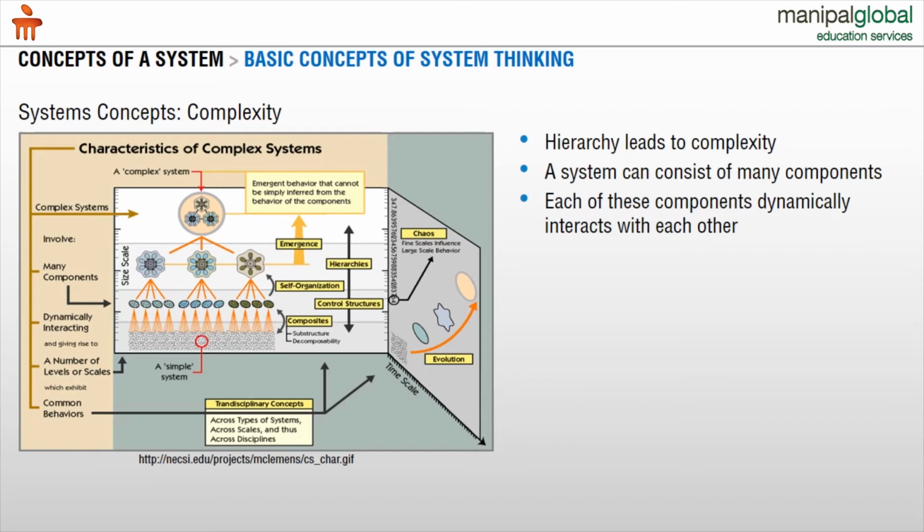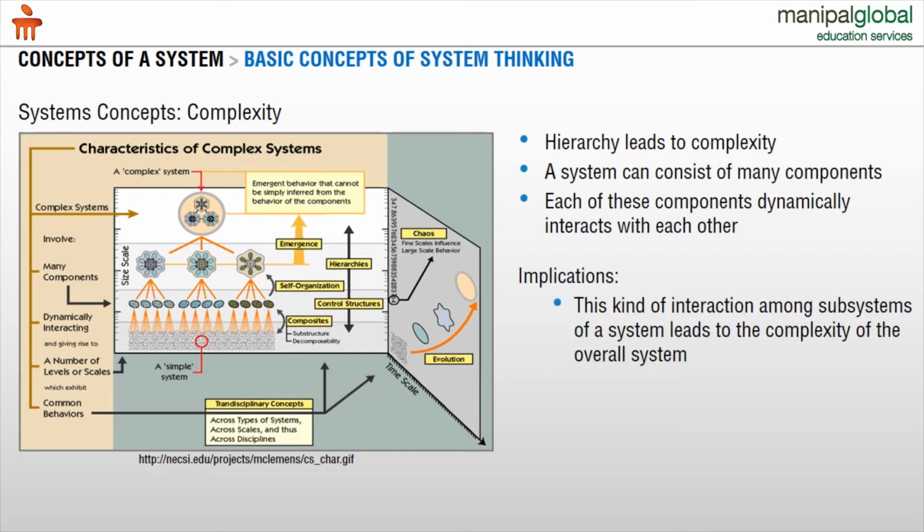If each of these components were static and isolated, in the form of an island, it really does not play a large role in the way the system functions. The system functions the way it does because of the dynamic interactions between these subsystems or components. In turn, these subsystems may have further subsystems, and those subsystems would interact with each other.